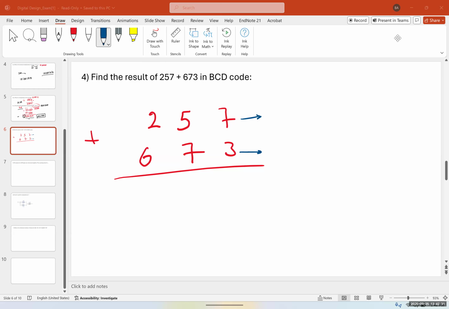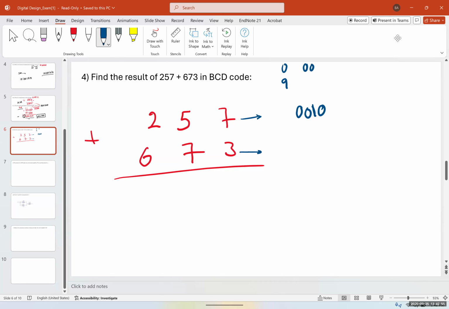Has anyone solved it? Okay, so first we need to convert 257 to BCD code. 2 is equal to 0010. Again, as you know, a BCD code has 4 digits and it's between 0 and 9.